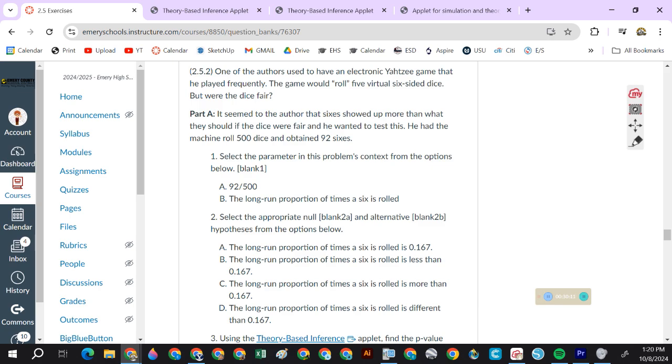So how many sixes should he have got? 1/6, right? Which is 0.16 repeating, or 0.167. So the parameter is going to be 1/6.